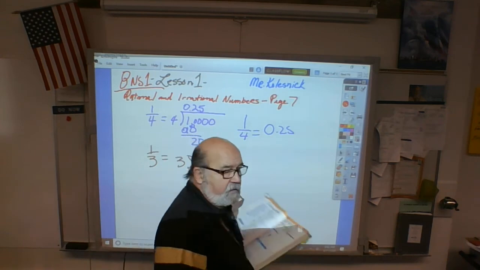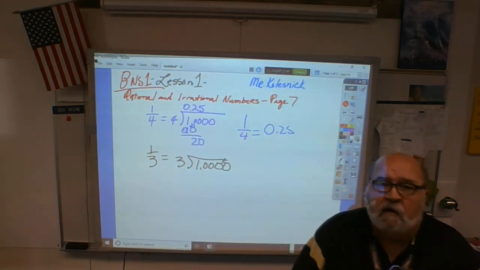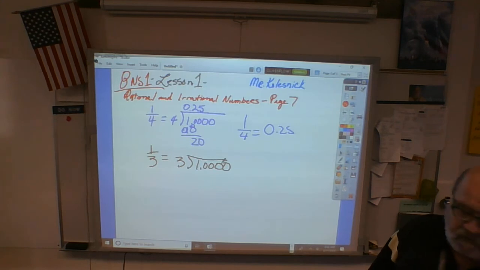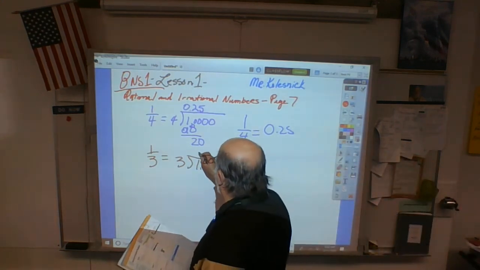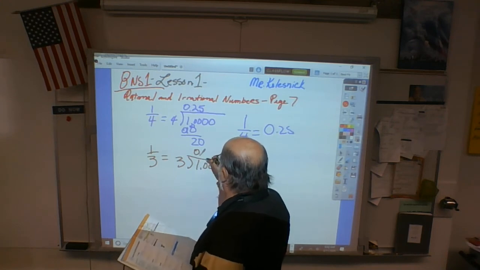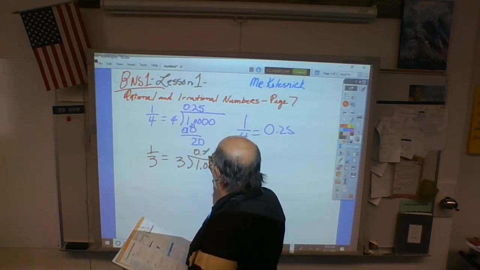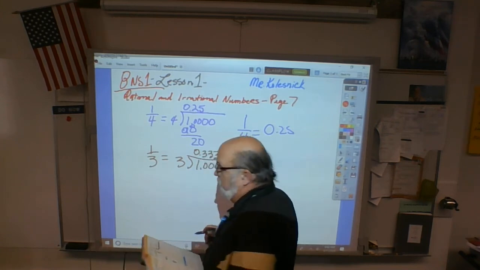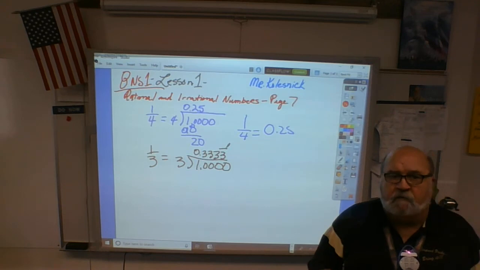And some of you already know this from 7th grade, of course. 3 won't go into 1. Make sure you've got that placeholder there of 0. 3, 3, 3, 3, and you could go on forever with that. So we put a line up at the top.